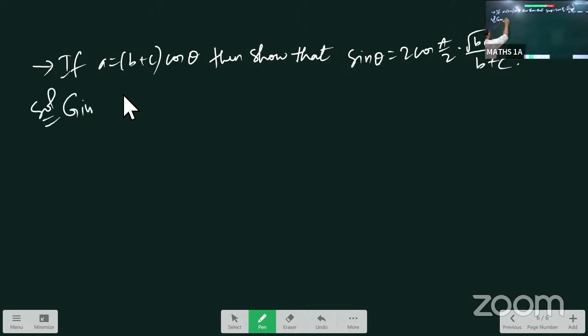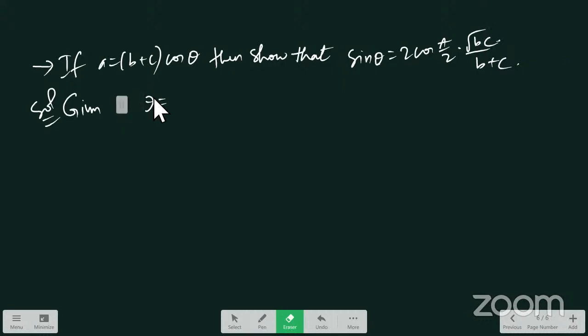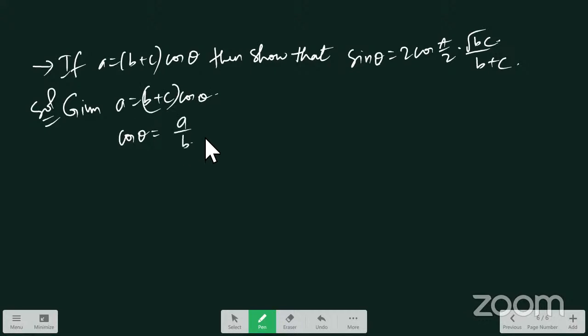What is given? a is equal to (b plus c) cos theta. Cos theta is equal to a by b plus c.